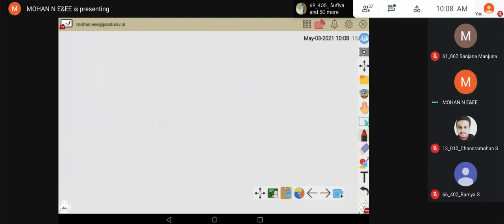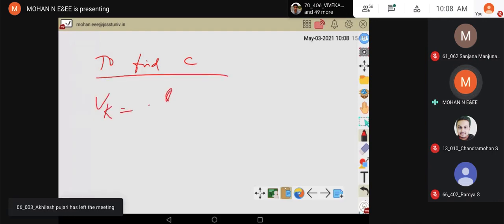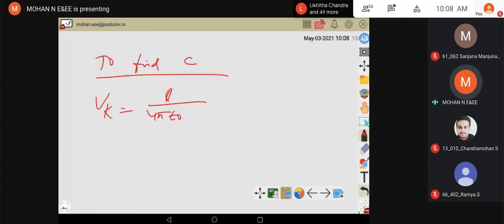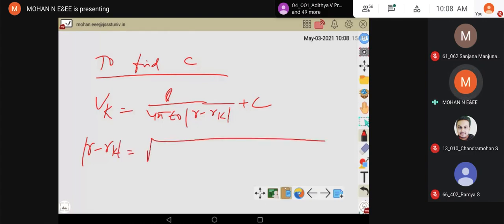Yes. To find C, that is Vk is equal to Q by 4 pi epsilon naught (R minus Rk) plus C. R minus Rk is given by (-0.5 minus 0) whole square, (1 minus 0) square, (-1 minus 0) square.